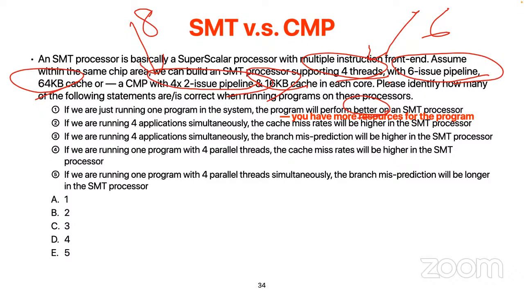Will the cache miss rate be higher in the SMT processor if I have 4 threads concurrently? The overall cache miss rate. What do you guys think? I think it will, because we have dedicated caches for the multi-core.